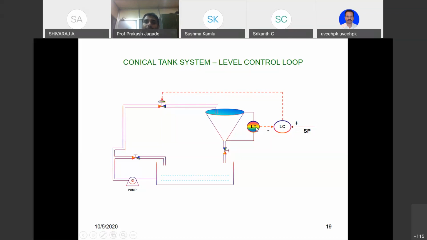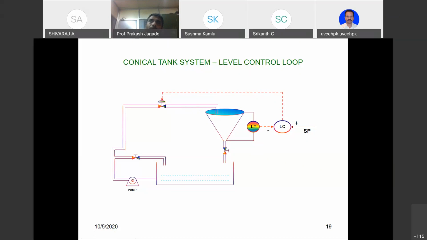The level controller will sense the water level from the transmitter, take corrective action, and send a signal to the final control element, which is nothing but your valve. It will adjust the flow rate in such a way that the water level in the tank is maintained. It's a very simple experimental setup.